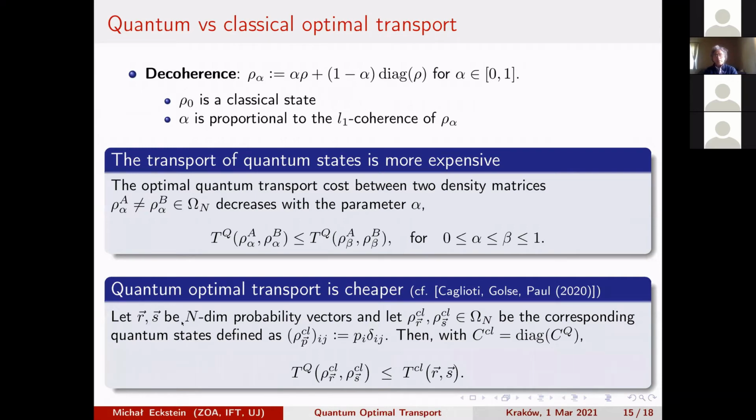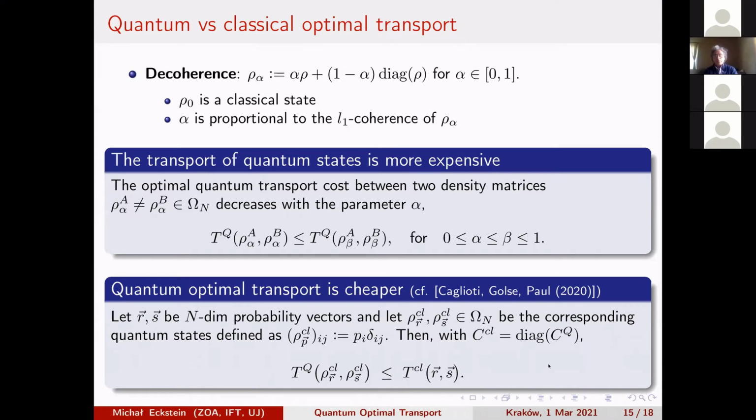So what does it really mean? Suppose you have two n-dimensional probability vectors, and you identify them with the corresponding quantum state. You just put these vectors on the diagonal, and that's now your quantum state. If you do a quantum optimal transport problem for these diagonal states, it's always going to be cheaper, or at least not more expensive than the associated classical problem.